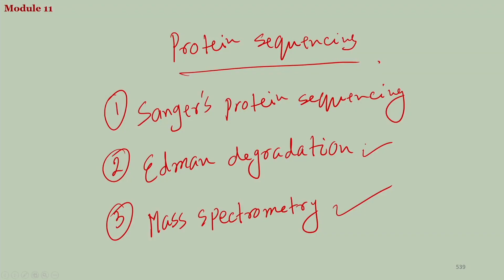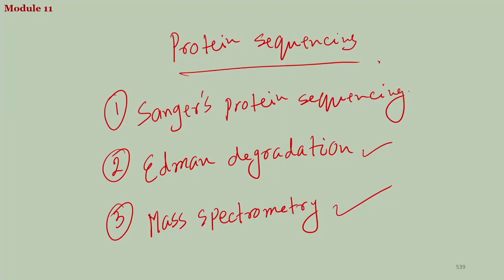All of these methods are associated with a lot of other side reagents, because you have to hydrolyze the large protein units into smaller peptide sequences, since otherwise these methods cannot handle such a large length of molecule. Sanger's method was primarily used for N-terminal amino acid determination, and the full sequence determination, we have seen, was done by Edman degradation method.